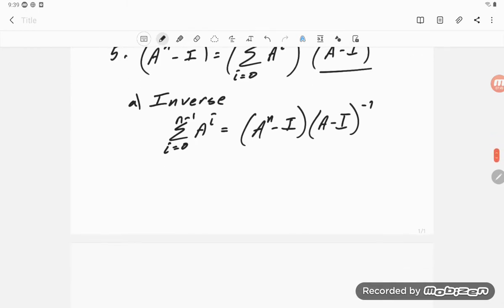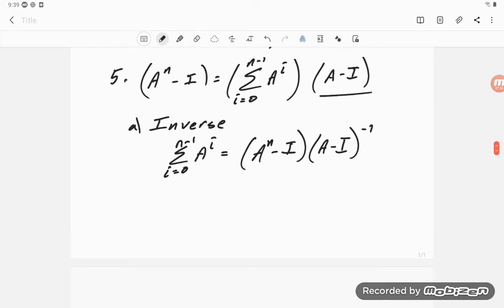So that's one way you can do it, as long as that inverse exists. And they did not do it that way because the inverse didn't exist. They did it this way. And like I say, I think this is just easier, actually.